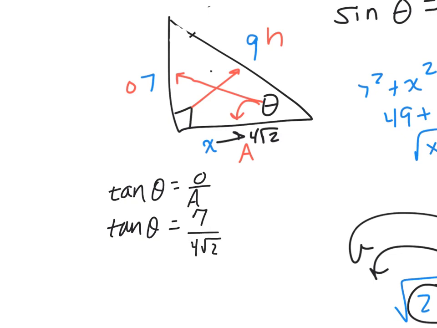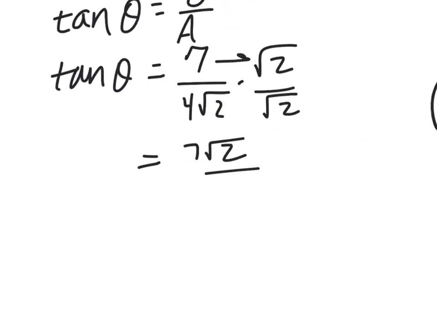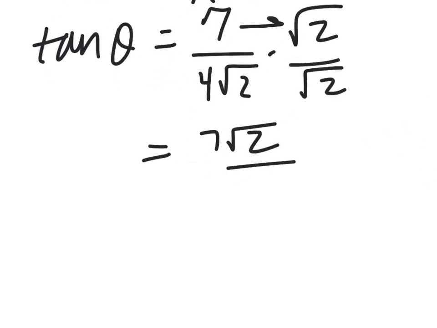Here's the issue. We don't like that radical, so we have to rationalize. I multiply my numerator by a radical 2 and my denominator by a radical 2. This simplifies to 7 radical 2 over 4 radical 4.